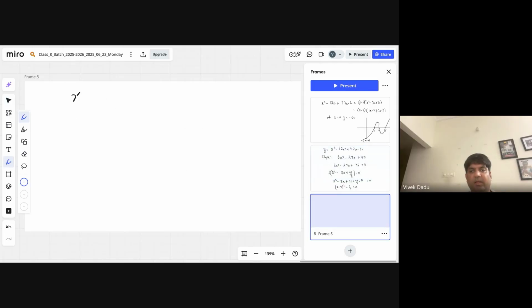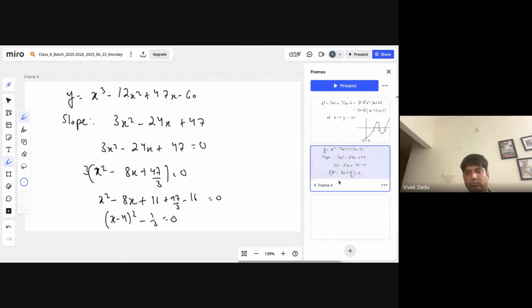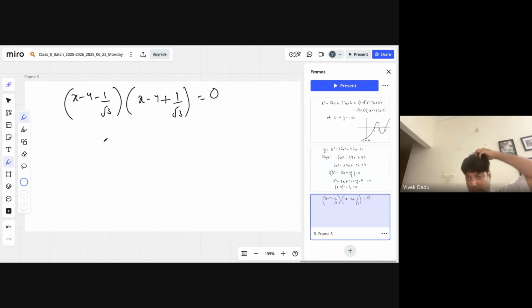So you get x minus 4 whole square equal to 1 by 3, so x minus 4 equals plus or minus 1 by root 3. So you get x equal to 4 plus 1 by root 3 or x equal to 4 minus 1 by root 3.